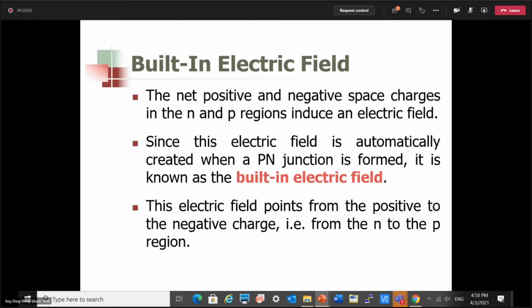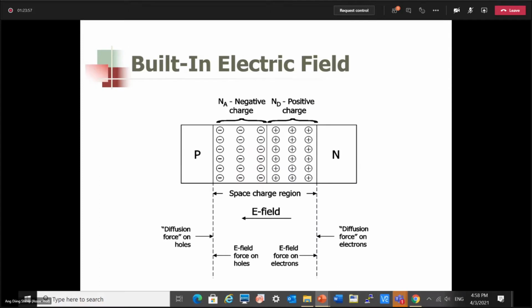Now, related to the built-in field, you then have a built-in potential. When there is an electric field, there is always a potential drop across the region where the electric field is. So essentially in this case, we have the N side of the PN junction becoming more positive compared to the P side of the PN junction.